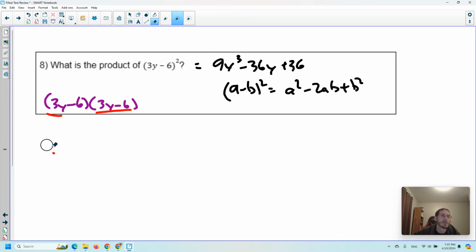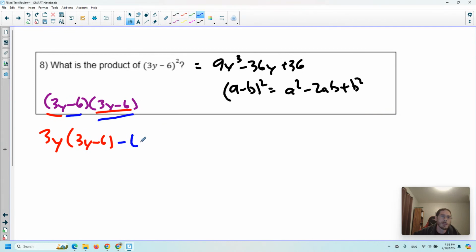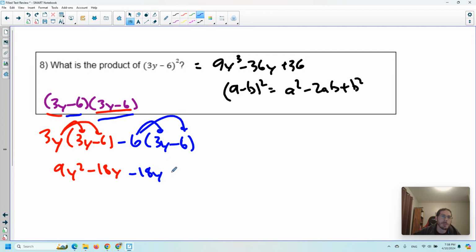So we're going to do 3y, parentheses 3y minus 6, and then minus 6, parentheses 3y minus 6. We're going to distribute both pieces. So this is going to be 9y squared minus 18y minus 18y plus 36.